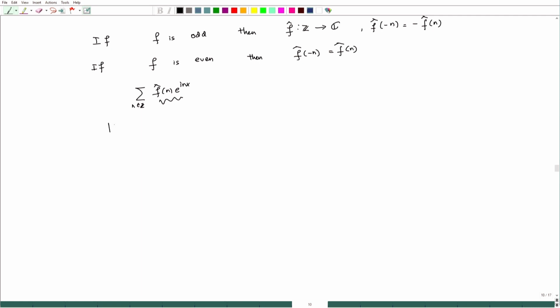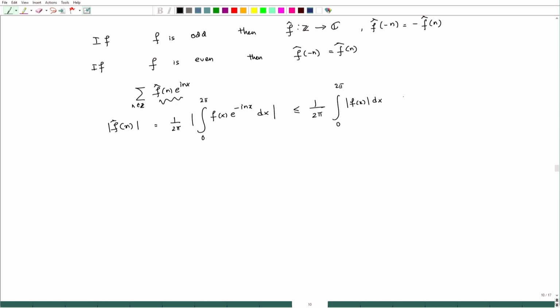So, now in order to show this, mod of f hat of n, I can write that this is 1 by 2 pi modulus of the integral 0 to 2 pi f of x e to the power minus i n x dx. Now, by triangle inequality, this is at most the integral 0 to 2 pi mod f of x dx, because mod of e to the power i n x is 1, and f is a Riemann integrable function.